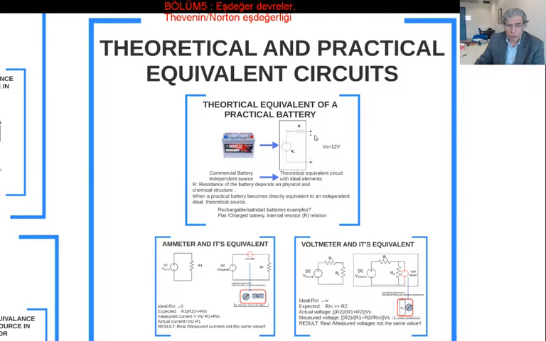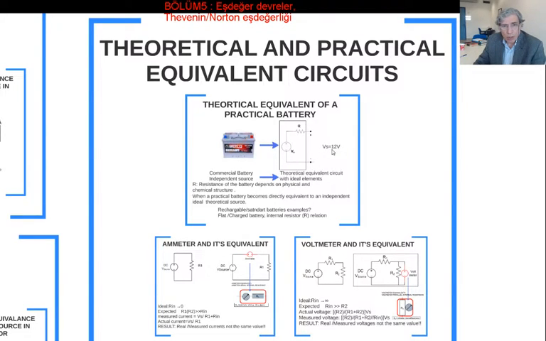The voltage that you are going to see here is going to be 12 volts, but in reality it could be a bit different from 12 volts because of this resistor value. If the resistance value is as small as possible, then the voltage drop in here is going to be very small. Therefore our ideal independent voltage source voltage is going to be equal to the practical independent source voltage.